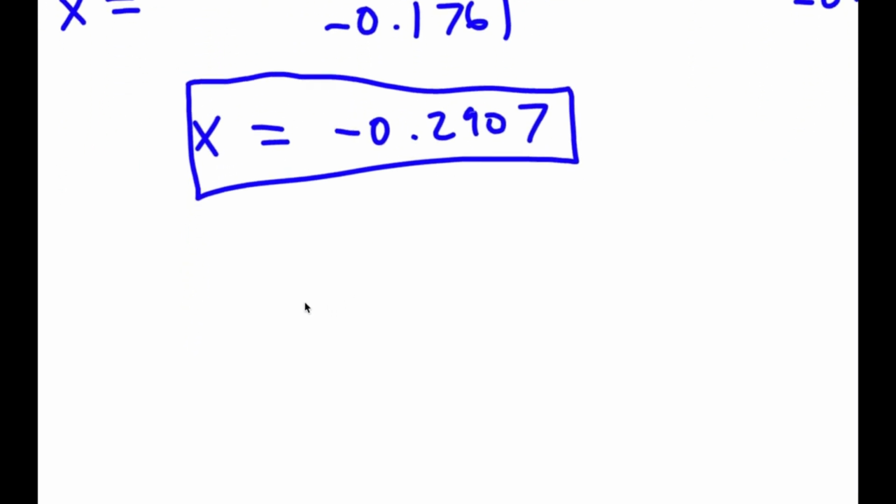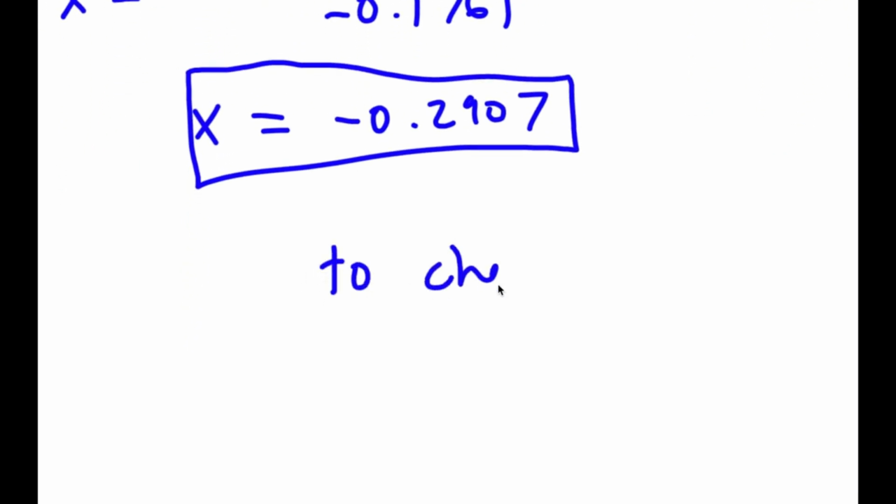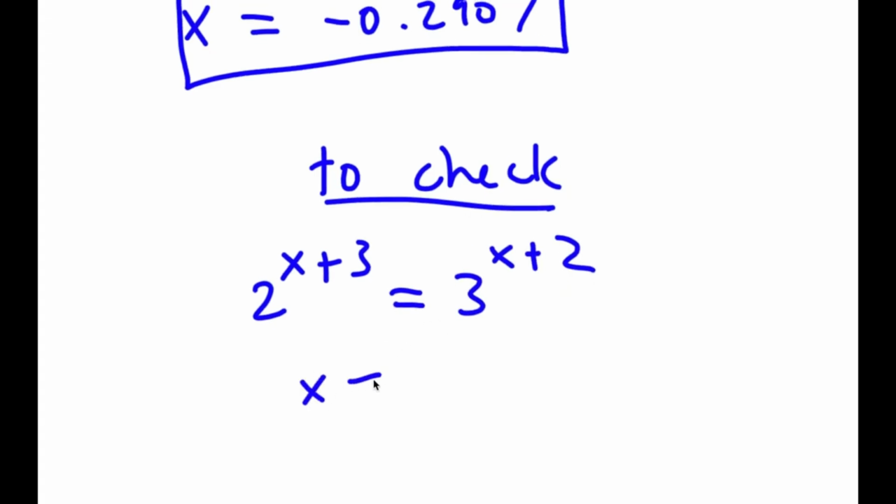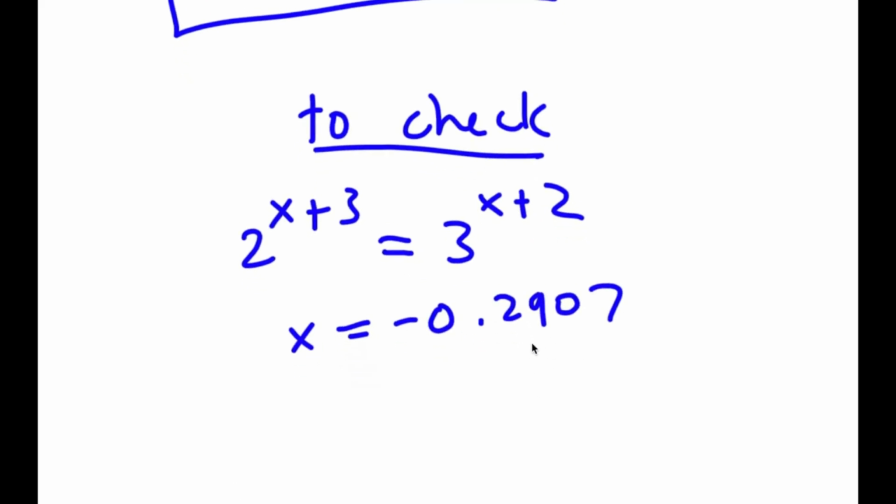Now, to check, I'm going to plug in the value for x into the original equation. So I have 2 to the power of x plus 3 is equal to 3 to the power of x plus 2. And remember, x is equal to negative 0.2907.